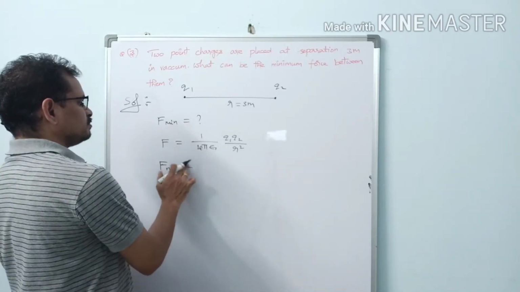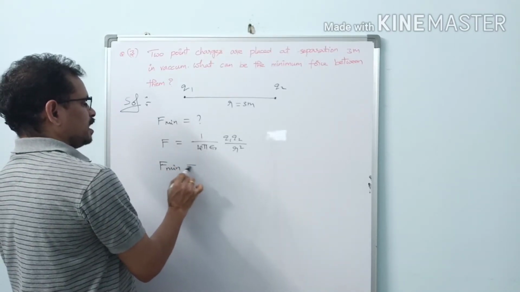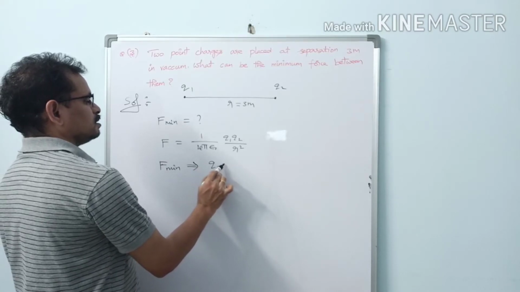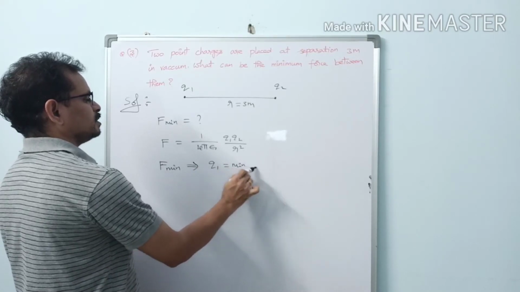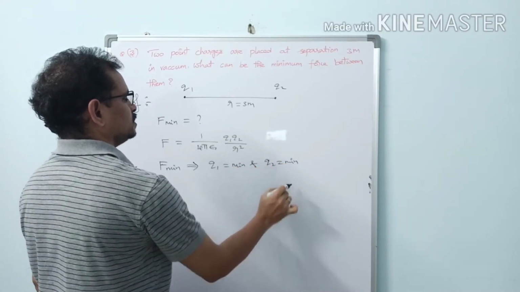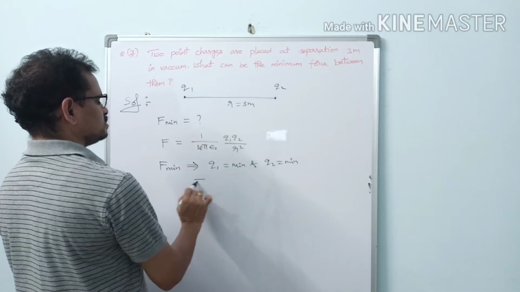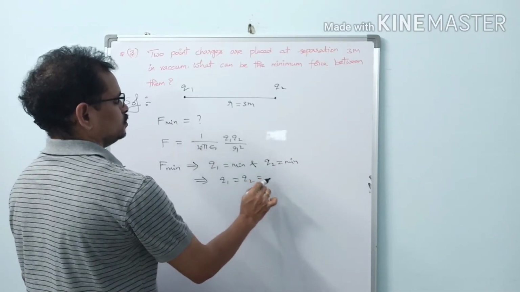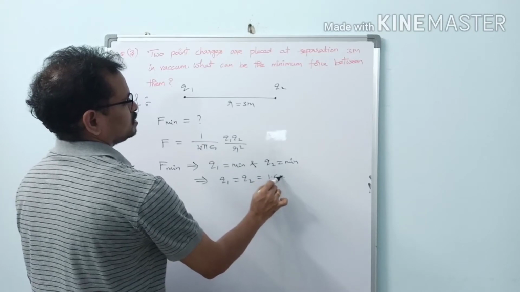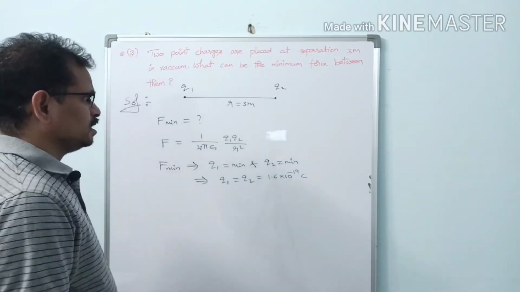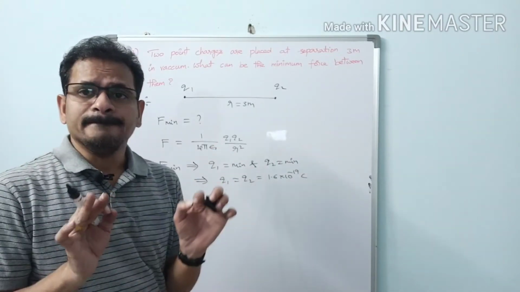So F minimum implies Q1 equal to minimum and Q2 equal to minimum. That implies Q1 equals Q2 equals 1.6 into 10 power minus 19 coulombs. So these two charges must be minimum charges.